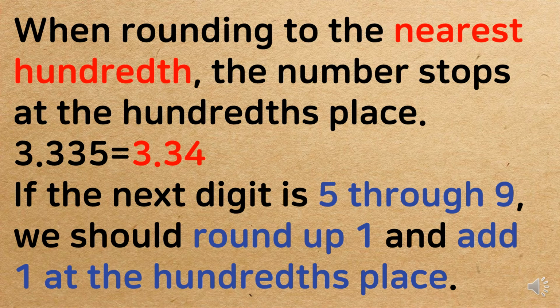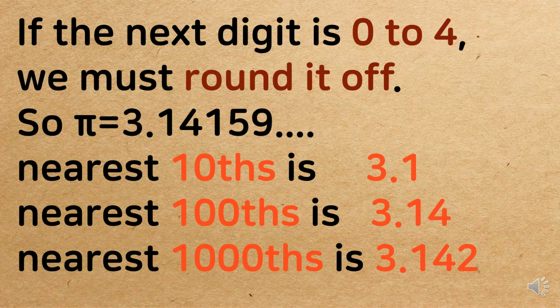If the next digit is 5 through 9, we should round up and add 1 at the hundredths place. So 3.335 becomes 3.34. If the next digit is 0 to 4, we must round it down.